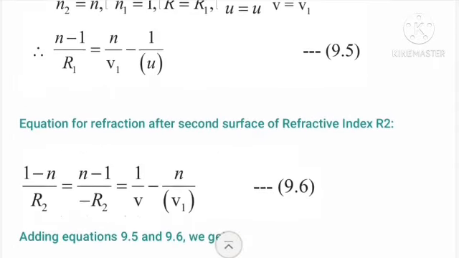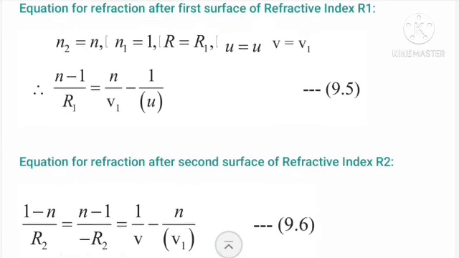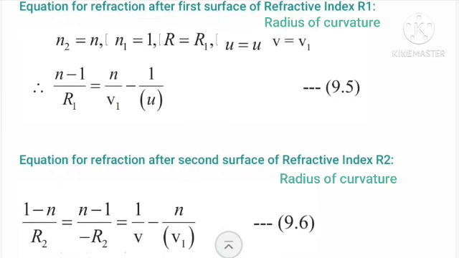If we put that value in equation 9.6, here n2 is the air medium, so it is taken as 1, and n1 is the material medium having refractive index n, so 1 minus n upon R2, because we are talking about the second refracting surface having radius of curvature R2.